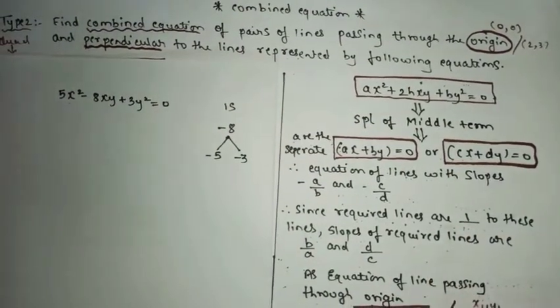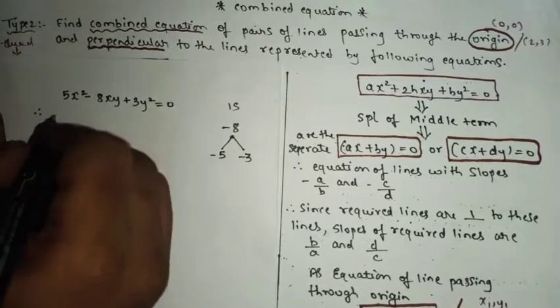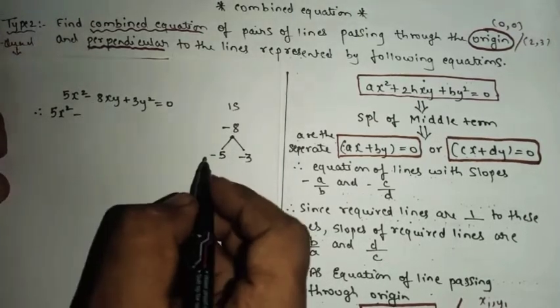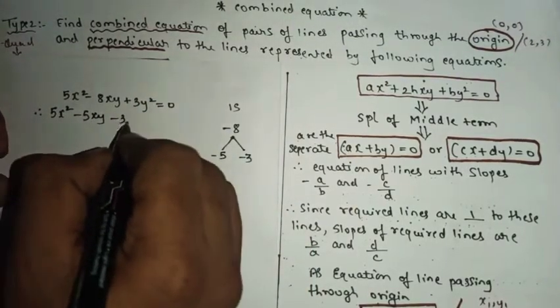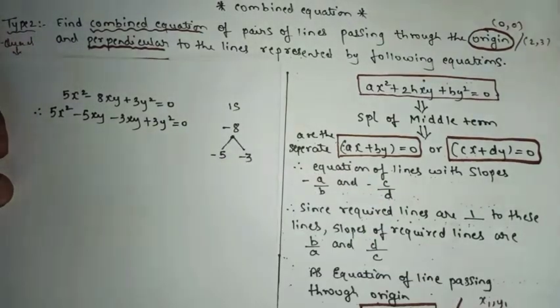So now exactly what you have to do, follow this step. Split the quadratic equation. So here you will get what? 5x square minus 8xy plus 3y square equal to 0, which we can write as 5x square minus 5xy minus 3xy plus 3y square equal to 0.